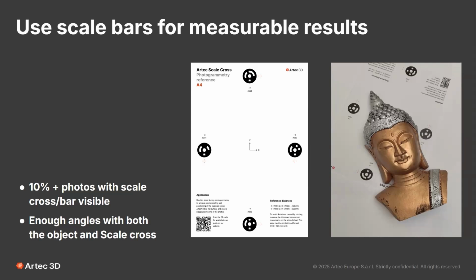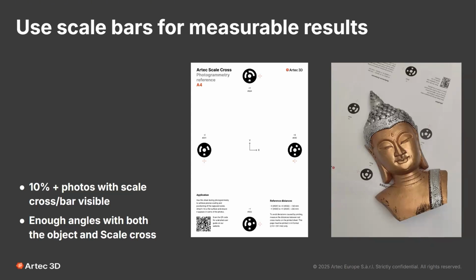And also, if you take a look at those red crosses on your scale cross right there, you could use them in order to confirm that your scale cross was printed in correct scale, actually. So yeah, you could just take a ruler and measure the distance between those red crosses, and you can match it with the reference distances provided on this list.